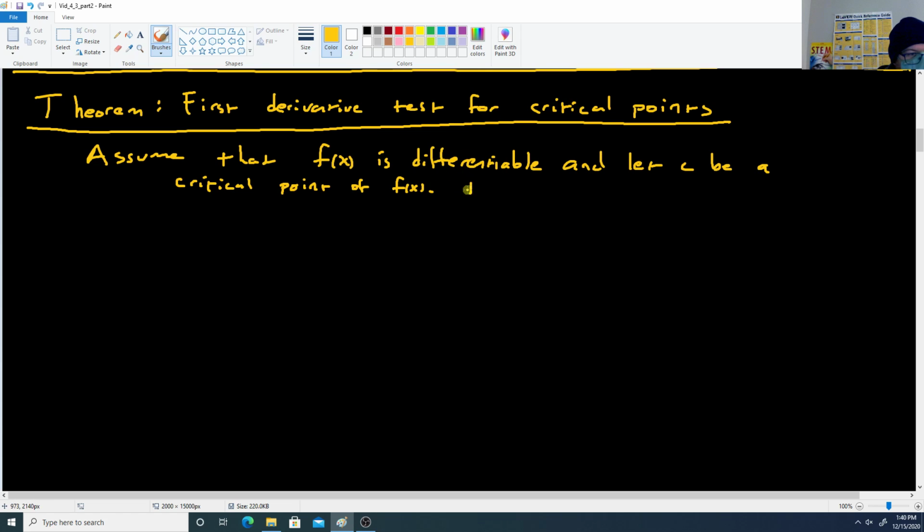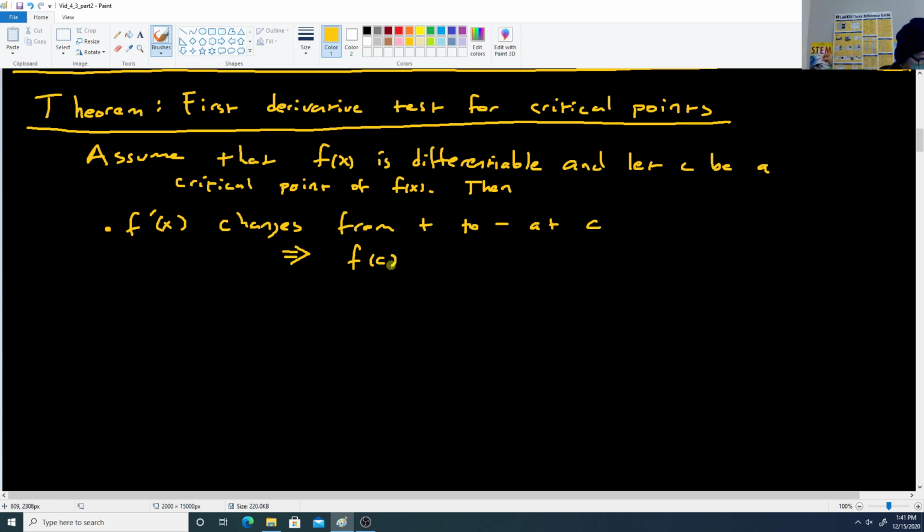Then the following two things happen. If we get f prime of x changes from positive to negative at c, this implies f of c is a local max.